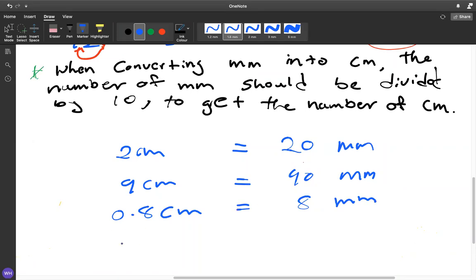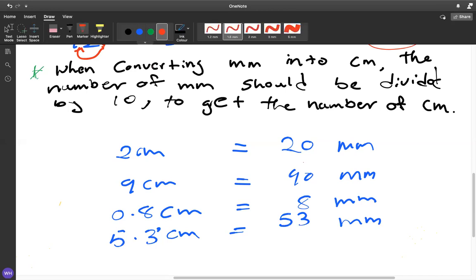And if you have 5.3 centimeters, Punsara, tell me the number of millimeters. 53. Very good. That is 53 millimeters.